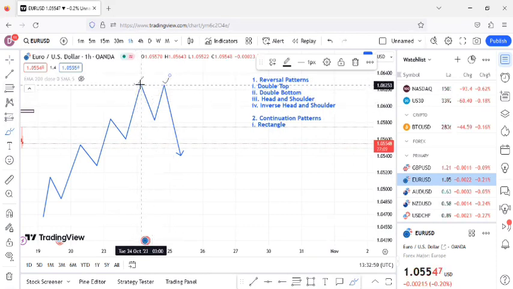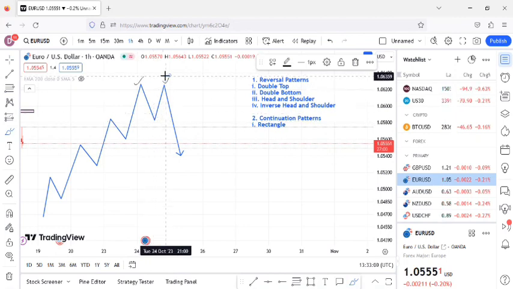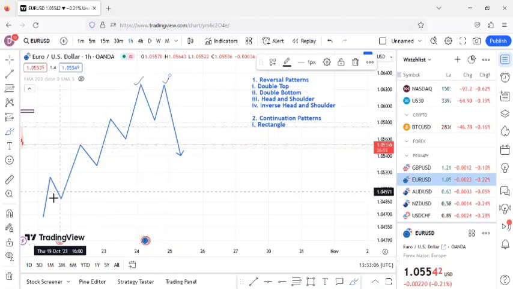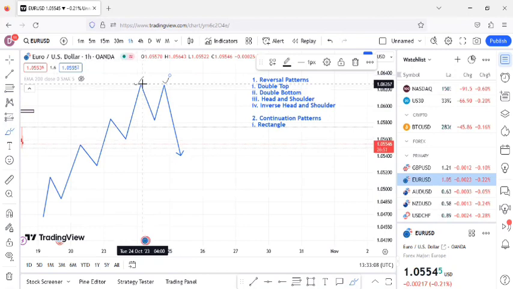When you have a first touch and the market or the trend is unable to make a new high in an uptrend, that is when you have a double top. Did you get what I said? When you are in an uptrend and the price is unable to make a new high, then that is when you say you have a double top.